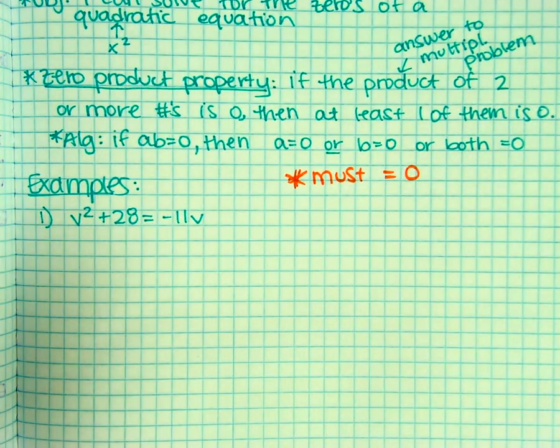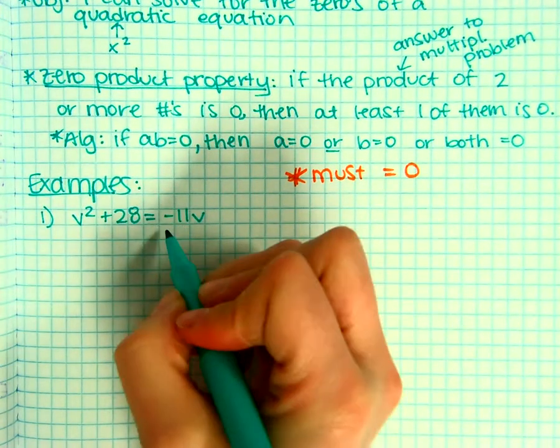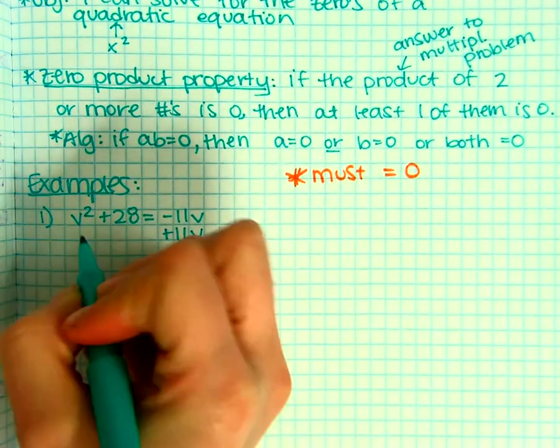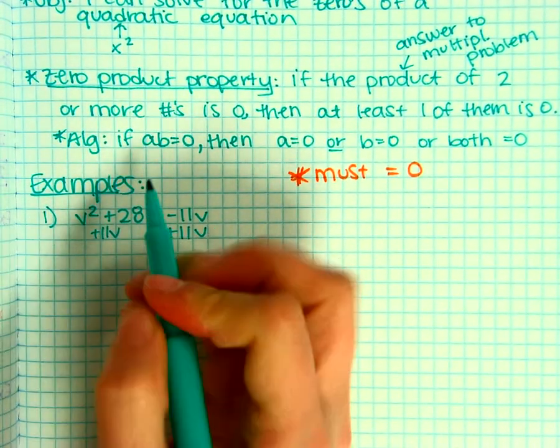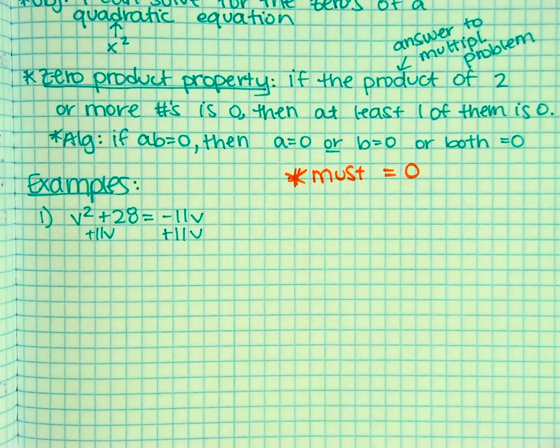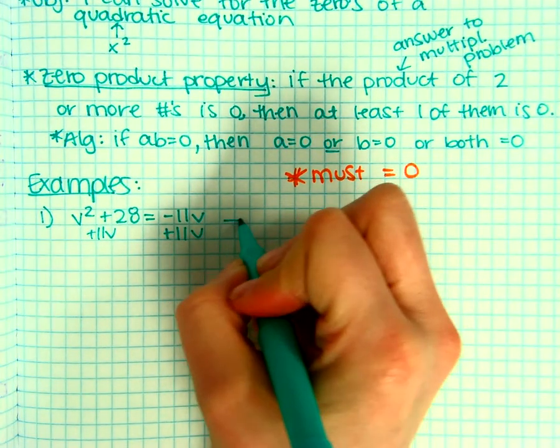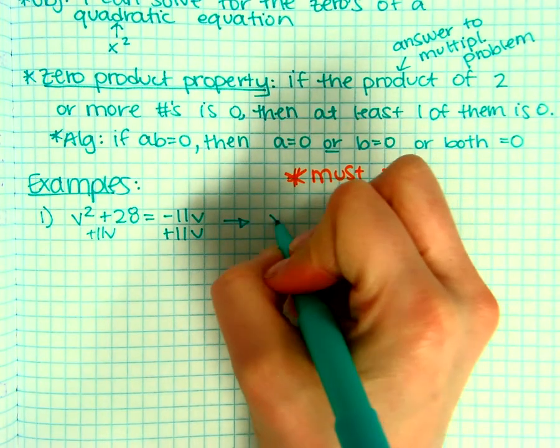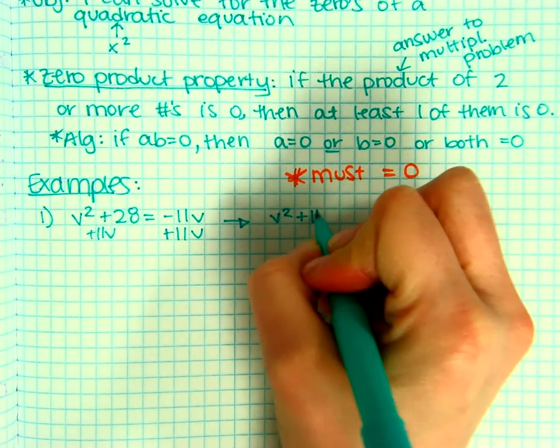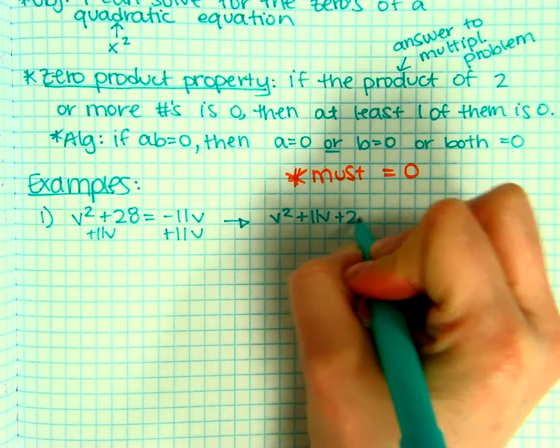So we can add 11v to both sides. I'm not going to put it under either one because neither one are like terms. And that gives us v squared plus 11v plus 28 equals 0.